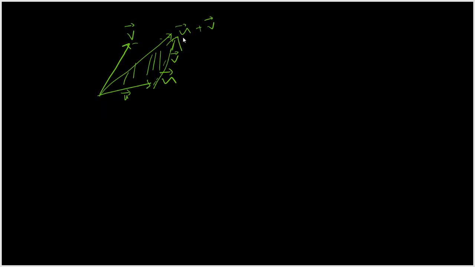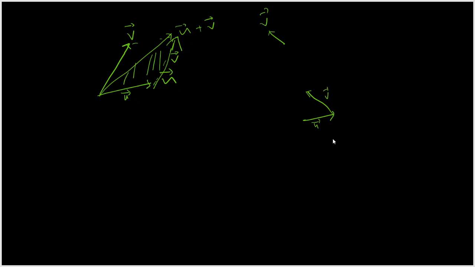Now let me try to show you what I mean. So now let's say u is here, and v is something like that. How do you add the two vectors? You move vector v so that the two vectors are connected. By connected, I mean the terminal point of u is the same as the initial point of v, right? That's vector u, and that's vector v.